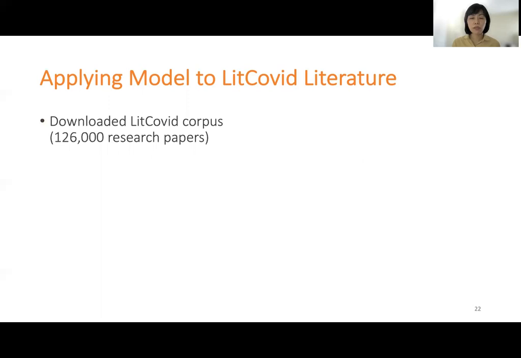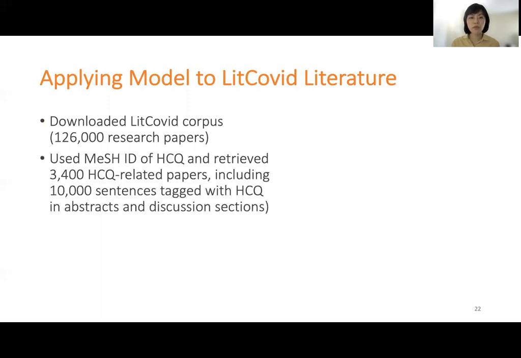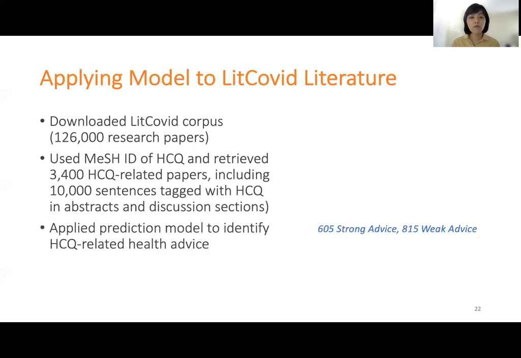Using the MeSH term of HCQ, we retrieved 3,000 HCQ-related papers with 10,000 sentences tagged with HCQ. After applying our advice prediction model, we got 600 strong advice and 800 weak advice predictions.